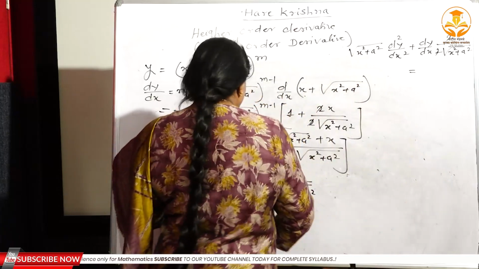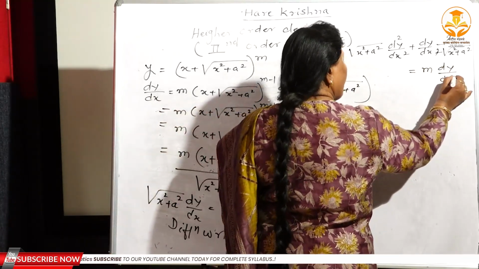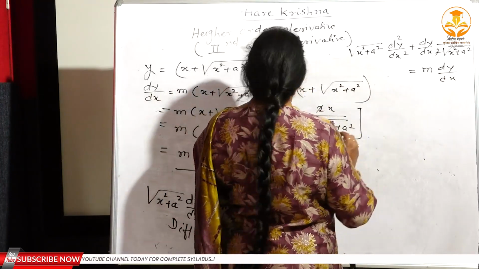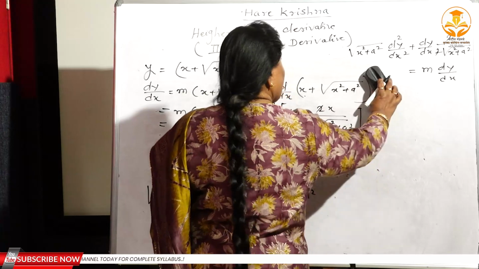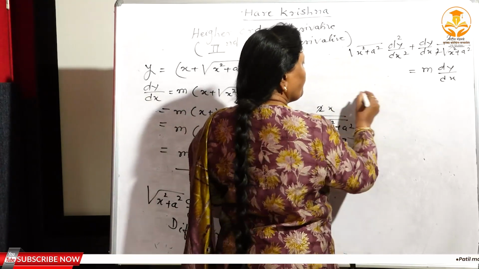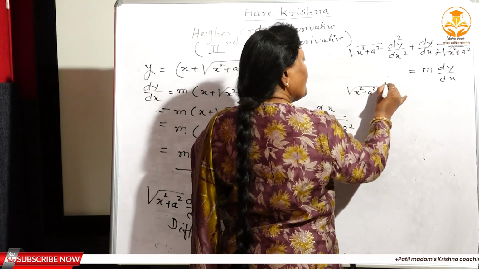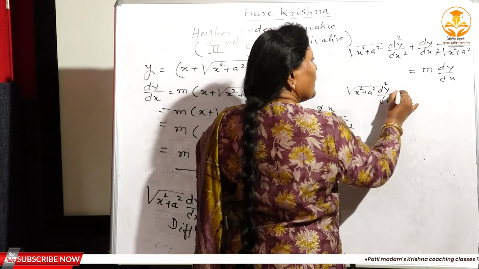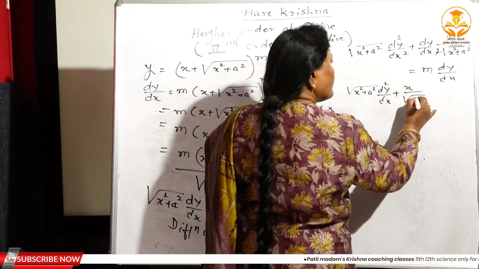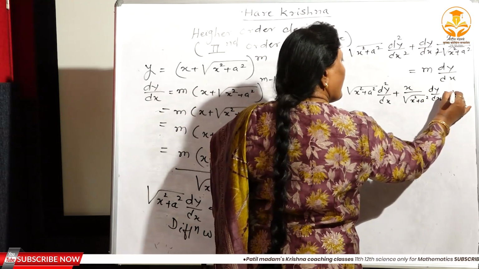Here again m remain as it is, and the derivative of y, that is equal to dy by dx, isn't it? Now see here again, root of x square plus a square into d2y divided by dx square. Here again, this get cancelled. X divided by root of x square plus a square dy by dx, it is equal to m dy by dx.